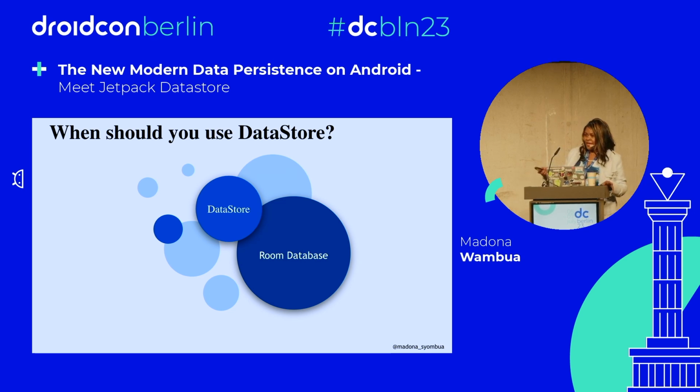So again, like I mentioned, Preference Data Store is just a simple lightweight storage solution for storing simple key value pairs, such as, let's say, preferences, settings, and other small pieces of data. Okay, it's also designed to be fast, efficient, and easy to use. And you can definitely see Preference Data Store is ideal for storing data that does not require, again, complex querying. But with Room, you need Room for a more robust storage solution.